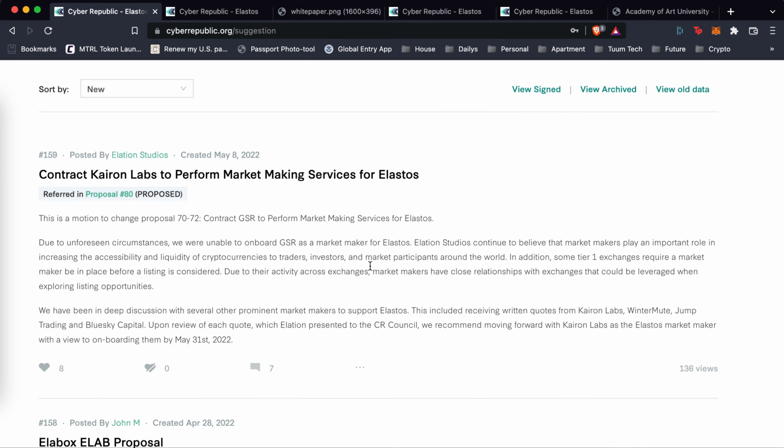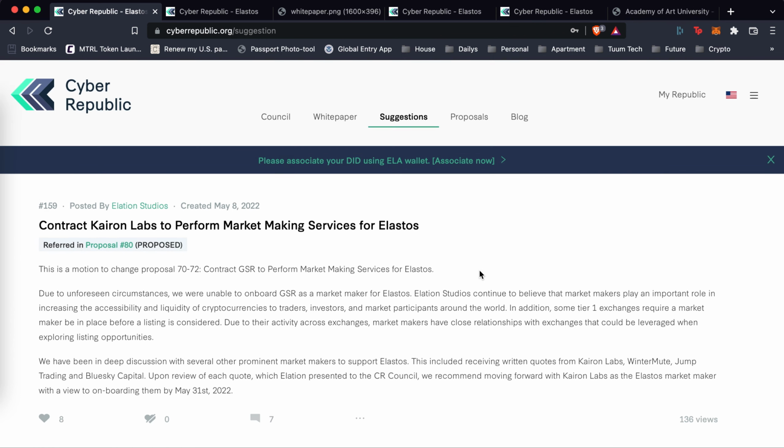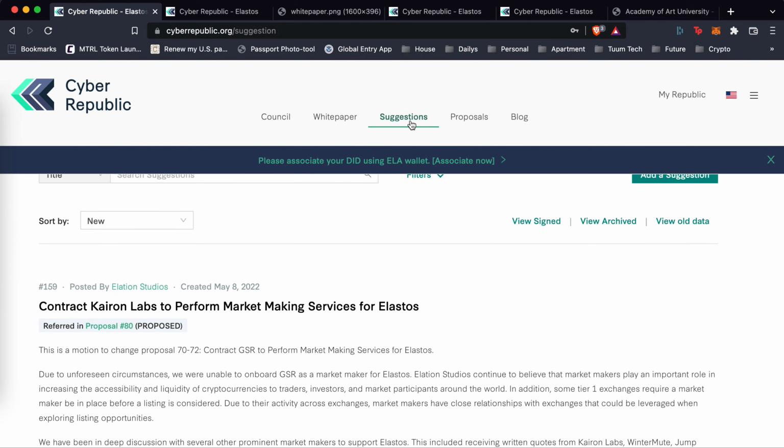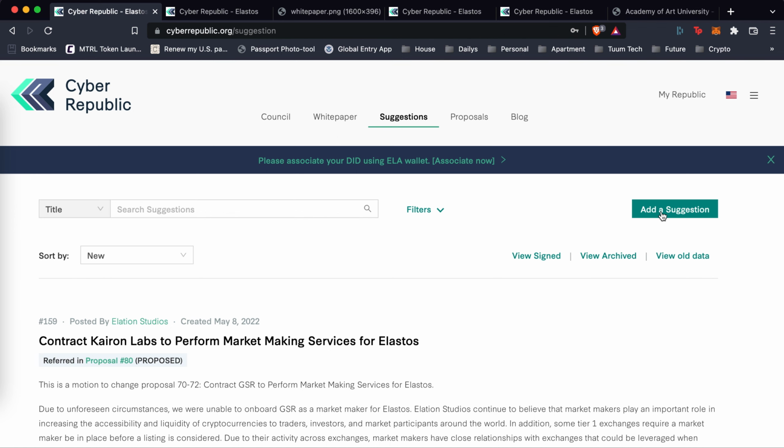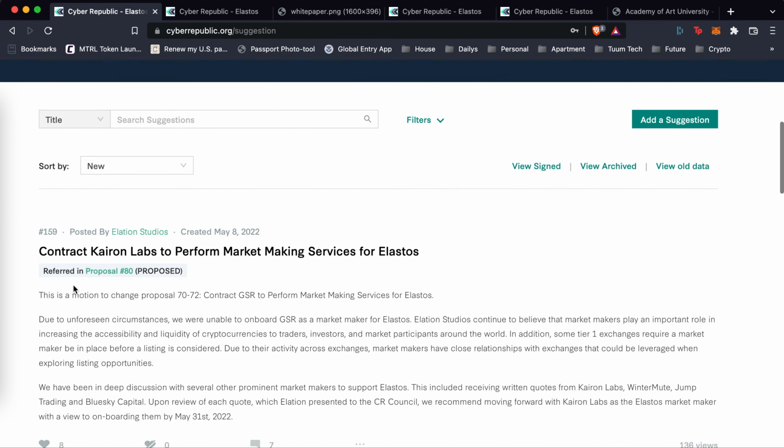You don't even need to have any technical knowledge to create a suggestion. Any community member can participate in it. All you have to do is log into the Cyber Republic website, go to suggestions, and then add a suggestion. After you add the suggestion, it gets populated here.